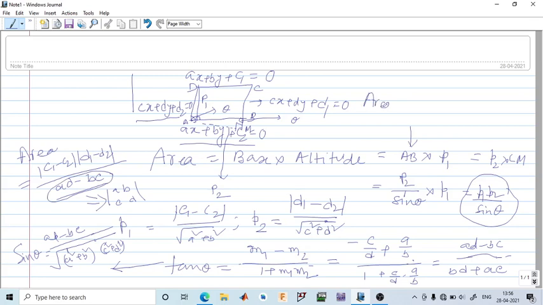If you can memorize it, it's okay. But if you understand the way I have done the derivation, then it would be easier, because you will get through many formulas in circles and in parabola, hyperbola, ellipse.